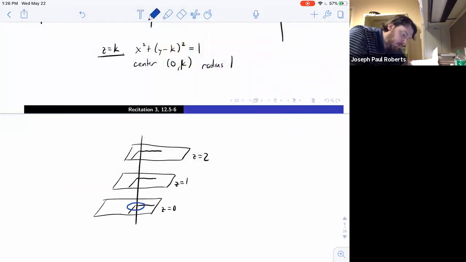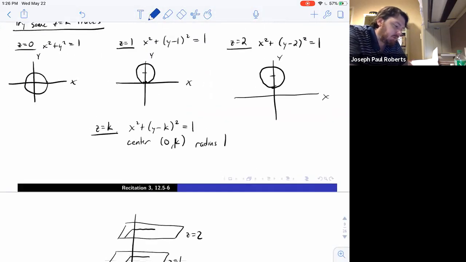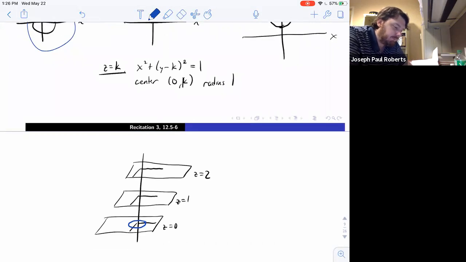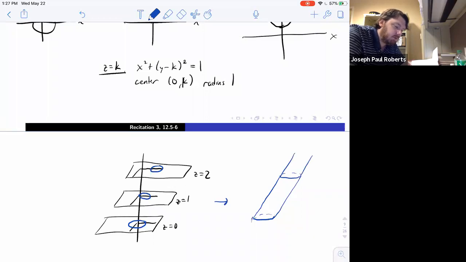The z equals 0 trace was centered at the origin. The z equals 1 trace was touching the origin. And the z equals 2 trace was something like that. And if we stack all these up, we get sort of a diagonal tilted circular cylinder as our surface.